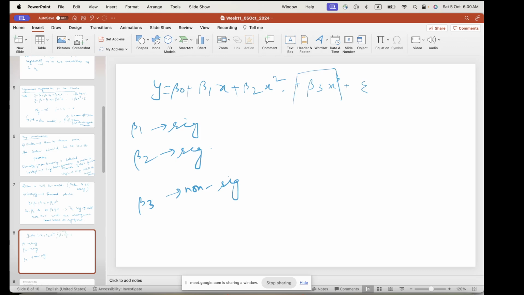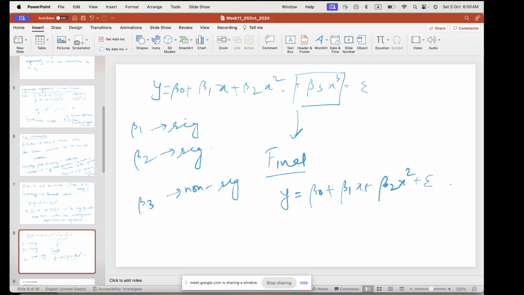At this stage we see that this becomes non-significant. Then the final model will be this one, y equal to beta naught plus beta 1 x plus beta 2 x square plus epsilon, and we stop there.